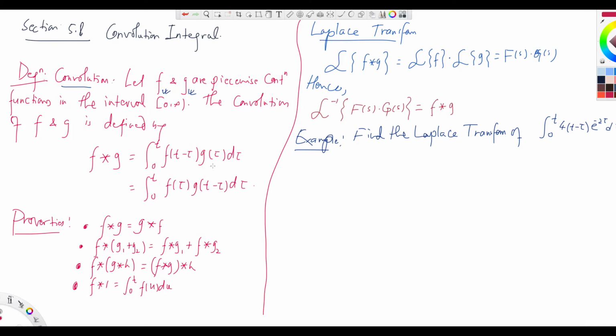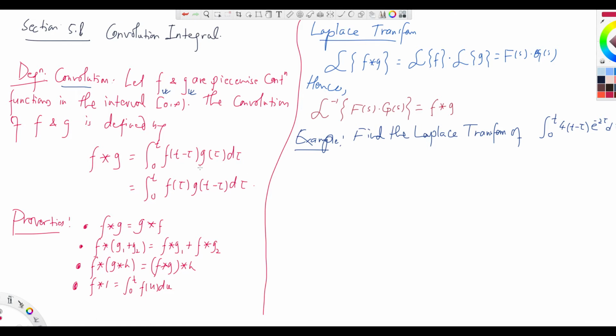Basically, you can see that one of the functions, f, is shifted right by tau units, times g of tau, and the product is integrated from 0 to t. Or you can do f of tau and then shift the function g by tau units right.